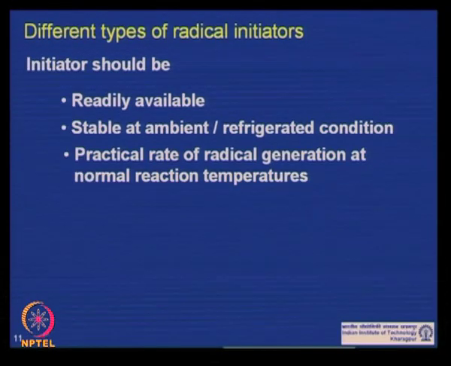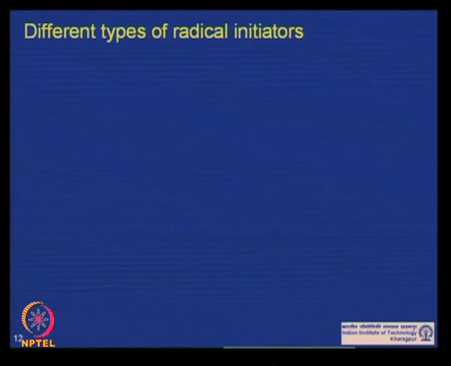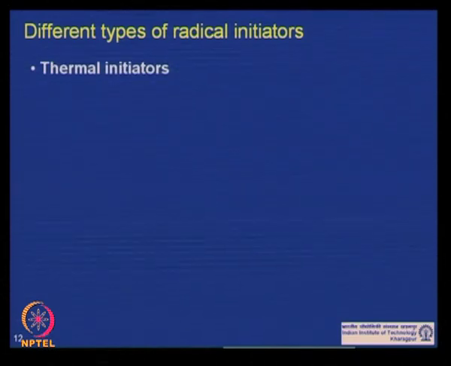So, what are the initiators or initiator procedures we typically use in a radical chain polymerization? The first one is the thermal initiator, which is initiation by homolysis of a molecule by thermal energy, leading to formation of two radicals. Typically here we are talking about homolytically cleaving one bond and making two radicals.